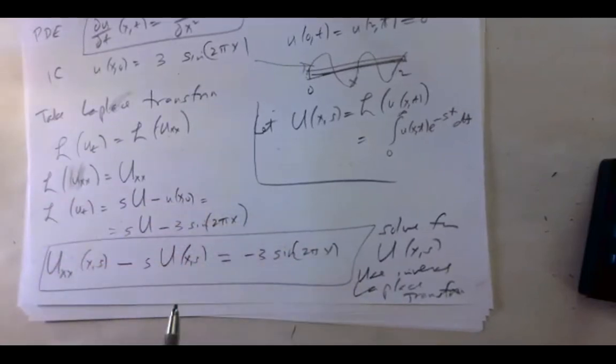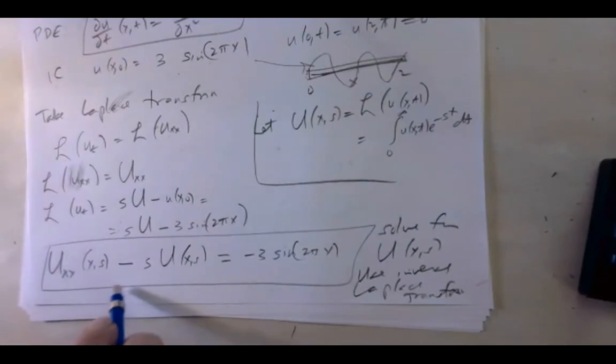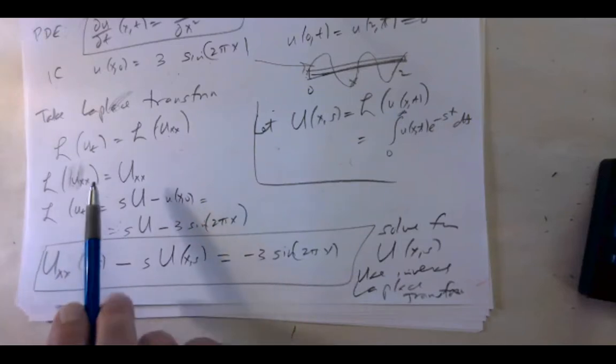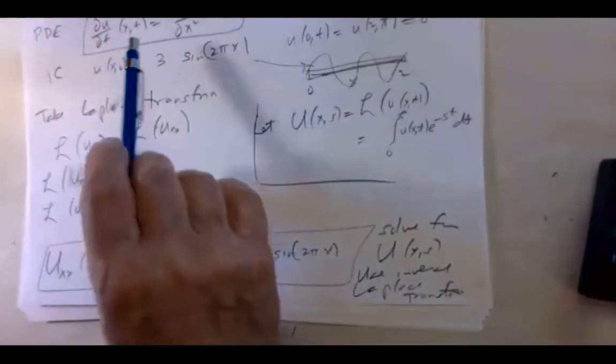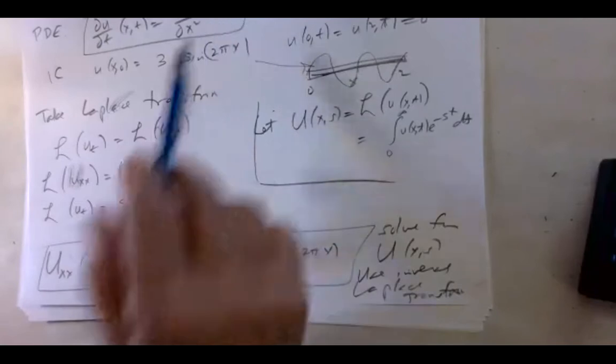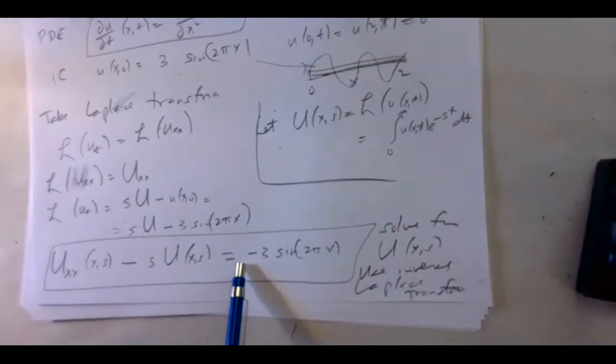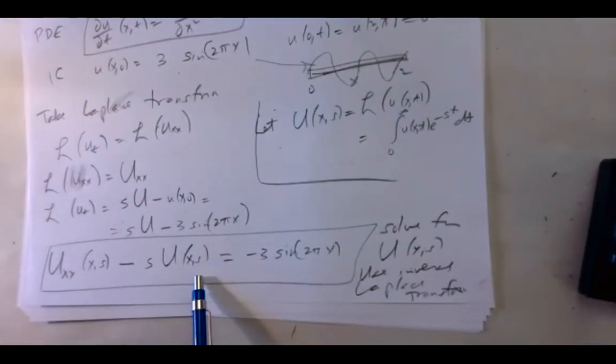It's just too noisy right now for me to be able to do this stuff, but maybe I'll do this on Wednesday first thing just to work out the details. But the important step is to use the Laplace transform to reduce your partial differential equation to an ordinary differential equation. And we know how to solve linear second order ODEs.